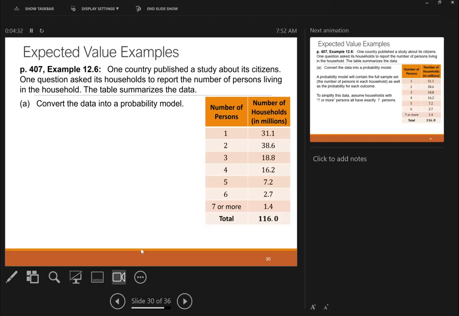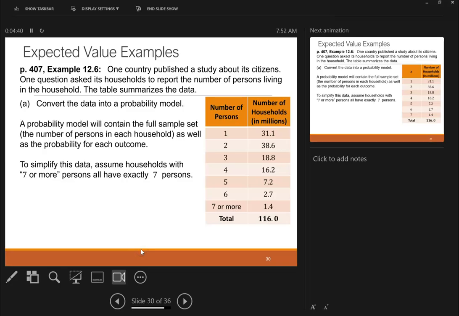Which isn't gonna work if we're gonna make a probability distribution. That has to be a specific value. So in the interest of making this work conveniently, we're just gonna change 7 or more to just 7. Not much really else we can do from the data provided to make it better than that. So we're just gonna call it 7 and be done with it.